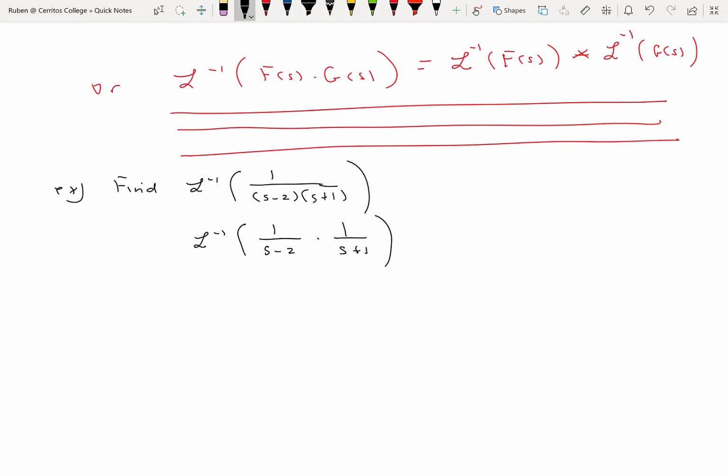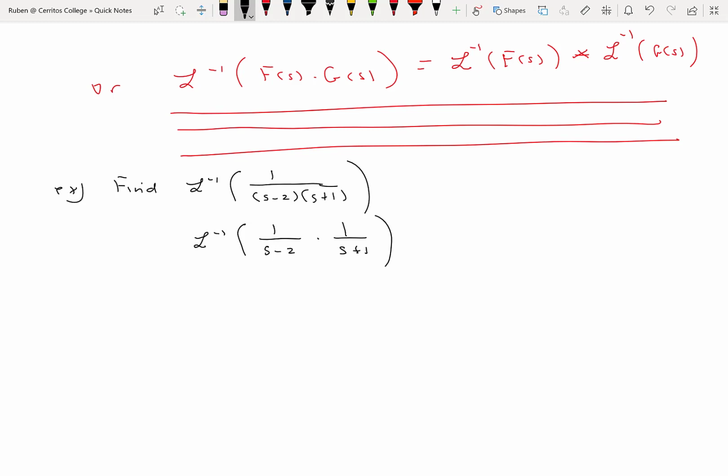Now, we've dealt with this kind of inverse Laplace transform bunches of times, especially if you've done a lot of the homework. We use partial fractions. That's one way of doing this, okay? But we could also use this convolution theorem, this big result, to do this. The capital F(s) is 1 over s minus 2.